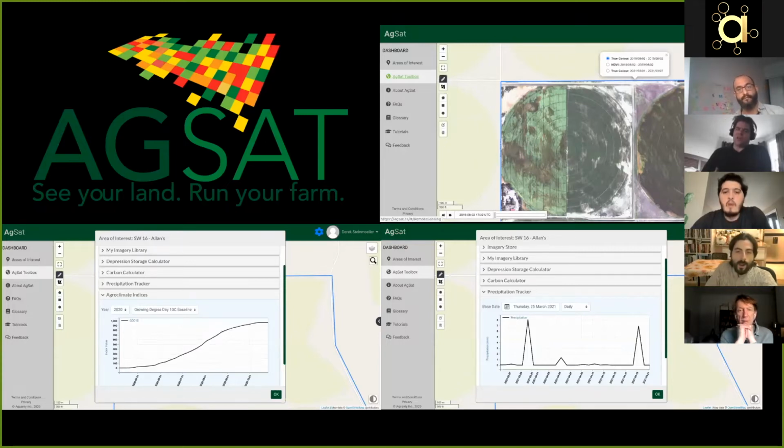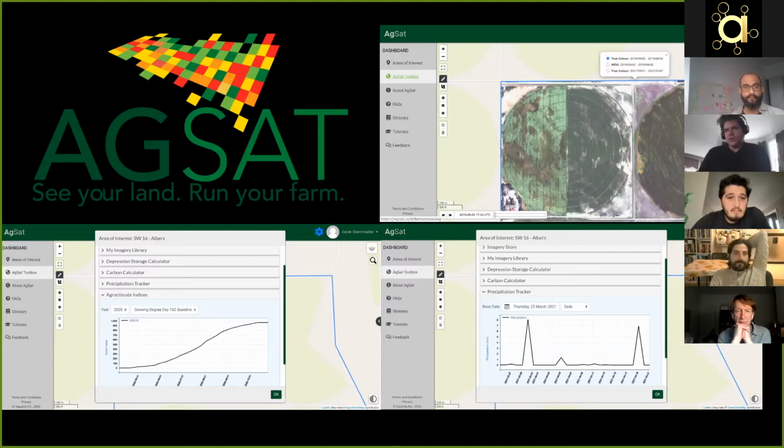So how many days above 15C did I get over the growing season? That's a cumulative thing that you can look at for your area of interest, which corresponds to a farmer's field. And on the right, we have the precipitation tracker that measures how much precipitation occurred over that area of interest. So just integrating, for my mathematical friends in the audience.